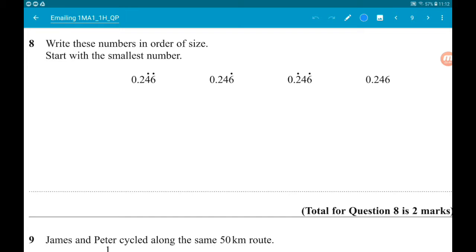And then we've just got 0.246. So that last one is the smallest one because it stops.